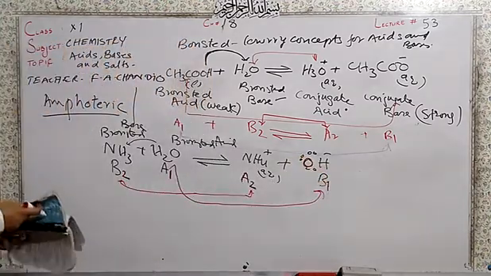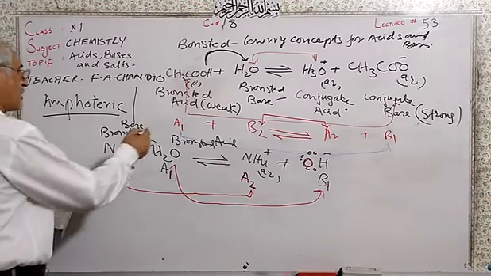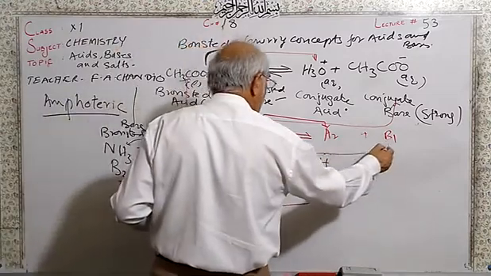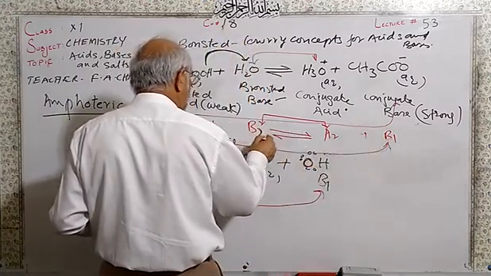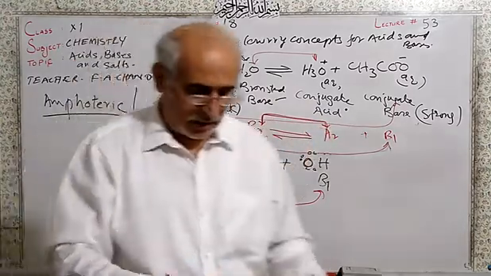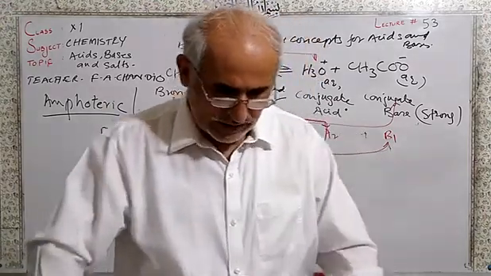This is called acid base pairs. A1 with B1 and B2 with A2. These are called acid base pairs.